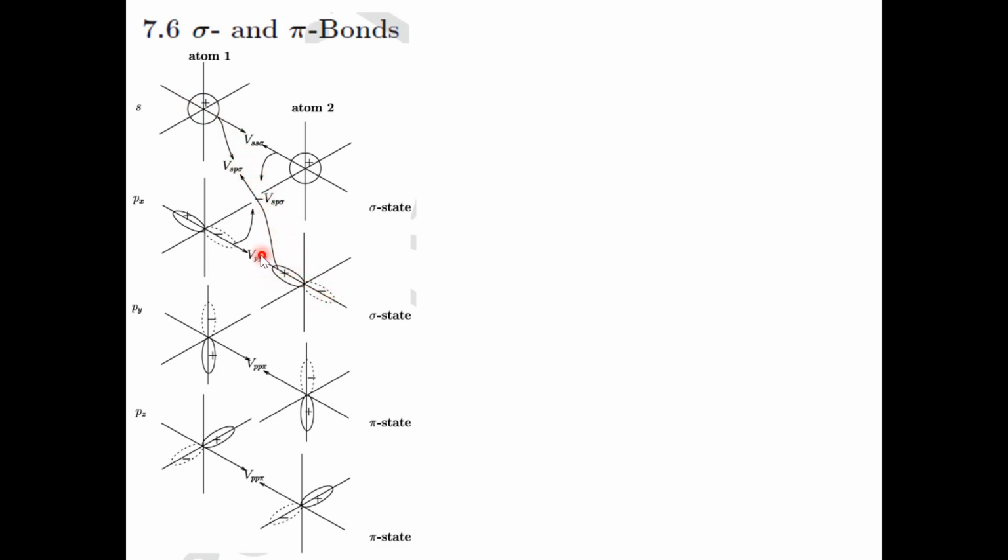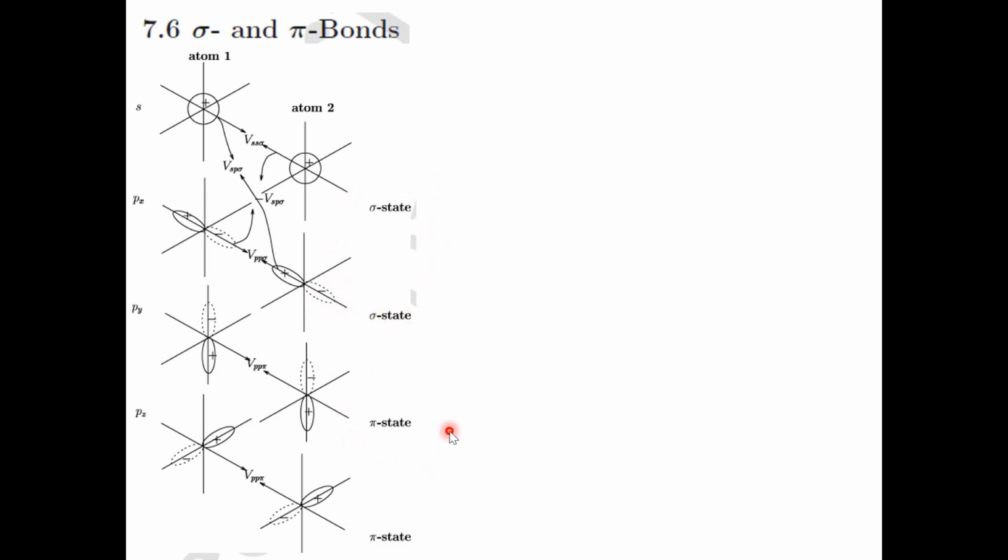You can make a sigma pp bond when you have two p electrons like this, and you can make pi bonds. These are two different types of pi bonds, when you have p orbitals which are perpendicular to the bond. Of course, these are examples of p states. They are not as stable as the sigma states.